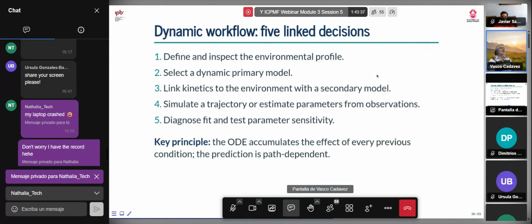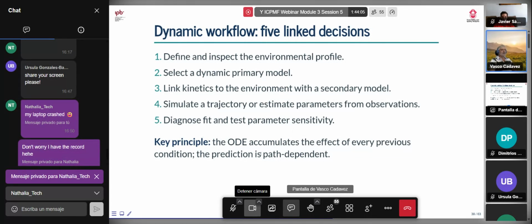Okay, so the dynamic workflow, you need to define and inspect the environmental profile. You need to select a dynamic primary model. You need to link these environmental conditions with the secondary model, and then you need to simulate the trajectory to estimate the parameters from the observations. Okay, of course, you need to diagnose the fit and also to test the parameter sensitivity.